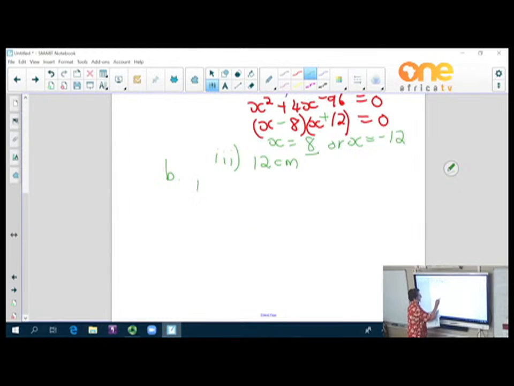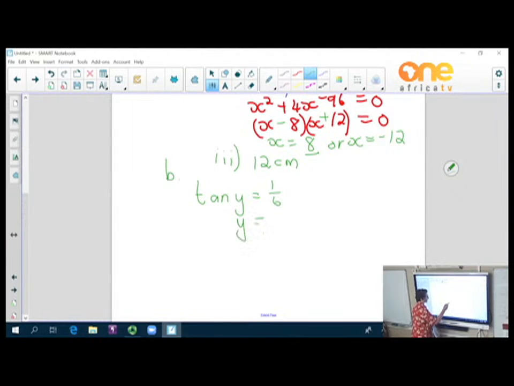Number B says tan y is equal to 1 over 6, and we have to find the value of y. We have to find that y first.